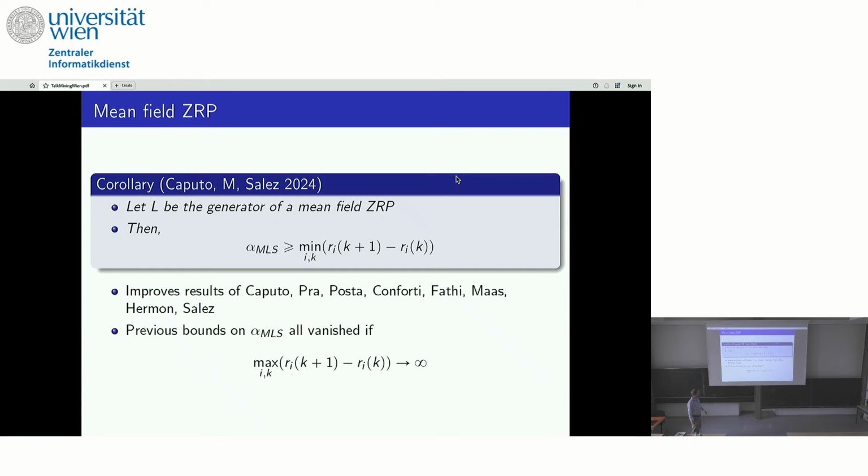One remark is that this seems to improve all previous bounds, in the sense that the previous bounds were kind of bad when this maximum difference was large, right? They needed some gradient estimate to keep this maximum difference small to get the conclusion of a large log-Sobolev constant. So here we get rid of this and have a very clean result.